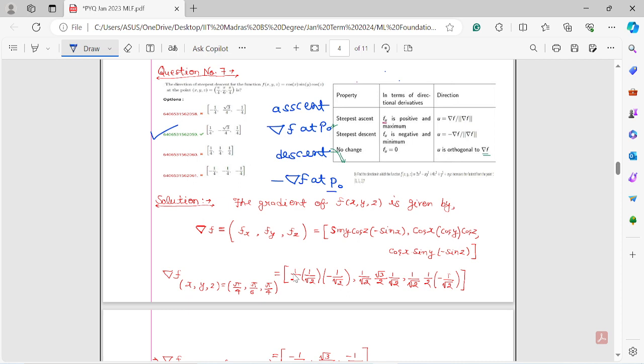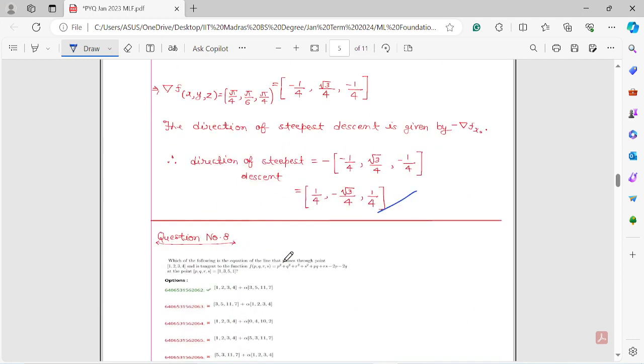So remember these properties and try to solve the problem. Make sure you don't make any mistake in the exam, because this type of question can be asked.